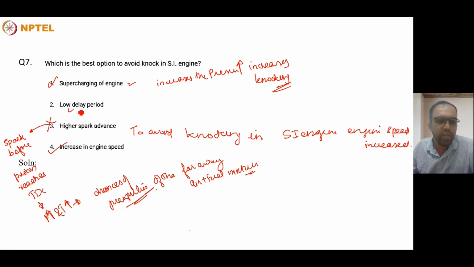This delay period can be the time taken for the fuel to get burned. A low delay period means that the far away gas mixture will get burned quickly even before the flame starts to reach there. So a sudden rise in pressure will be there, so it is not preferred. So actually the answer is increasing the engine speed.